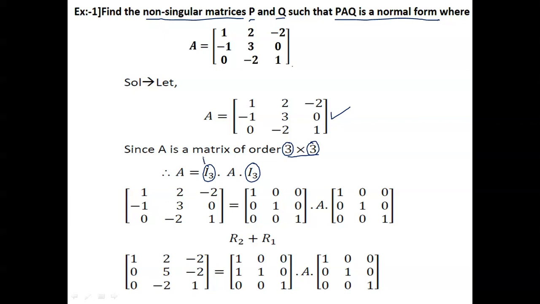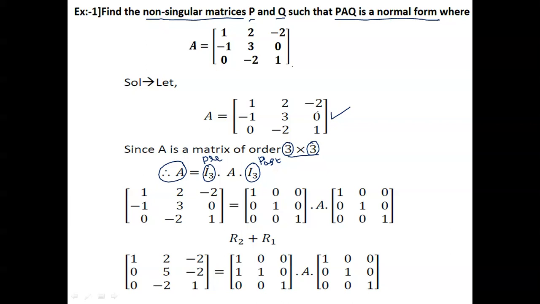This is the prefactor and this is the post factor. Now our aim is to reduce the left hand side A into one of the standard normal forms.